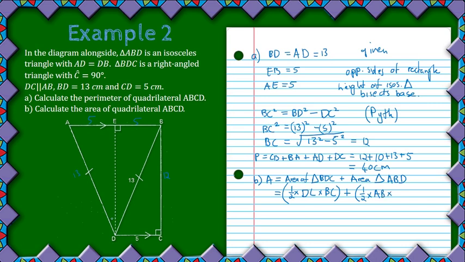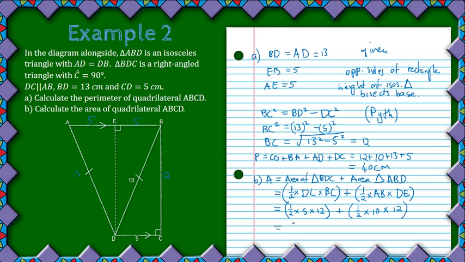Now in this case, our perpendicular height is also 12, because these are opposite sides of a rectangle, so DE is also 12, and now we simply substitute in our values. Half times DC, which is 5, times 12, plus half times AB, which is 10, times DE, which is 12.